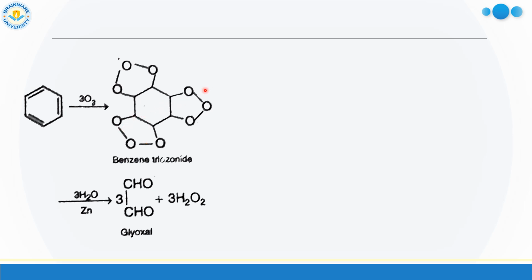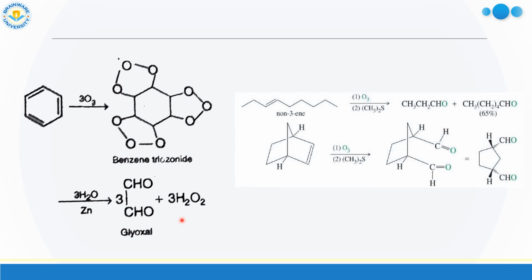So 3 moles of glyoxal are formed after the ozonolysis reaction of benzene. And these are other application-oriented examples where we can get aldehyde and ketone based products.